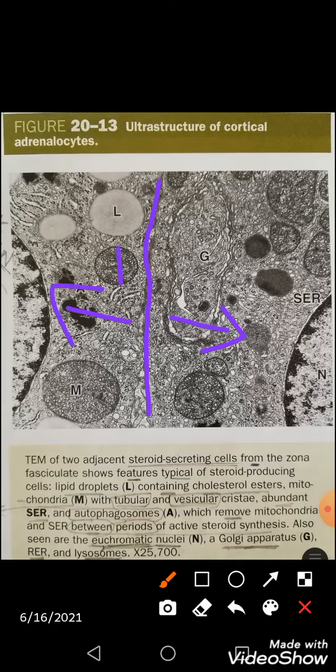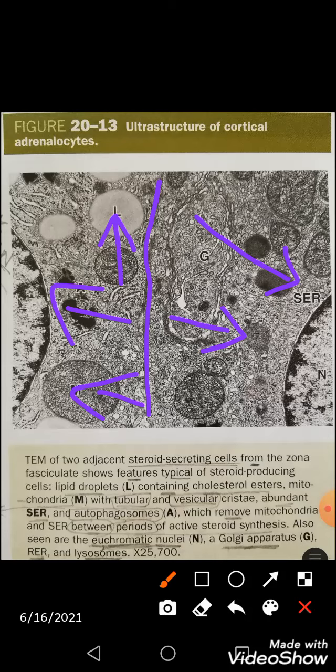They are well laden with lysosomes. They have spherical mitochondria with tubular cristae, and they show profuse smooth endoplasmic reticulum. And what do both these mitochondria and smooth endoplasmic reticulum do in collaboration? They carry out the synthesis of, you would say, the steroid hormone.